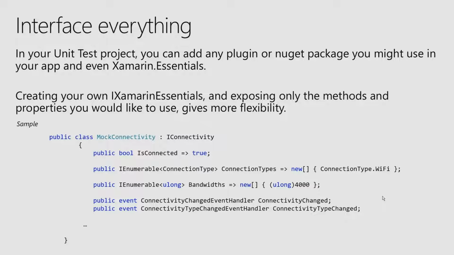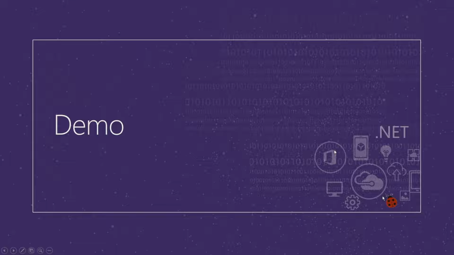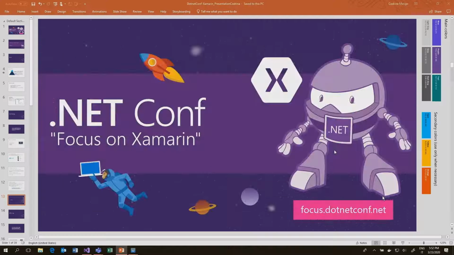Like you can see here, there is a sample of the IConnectivity method. And you're using a lot of features from these plugins. Okay, so now it's time to see some code.